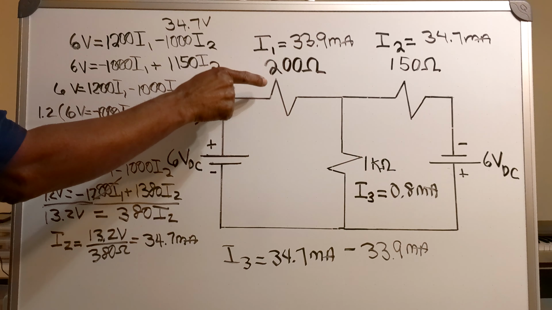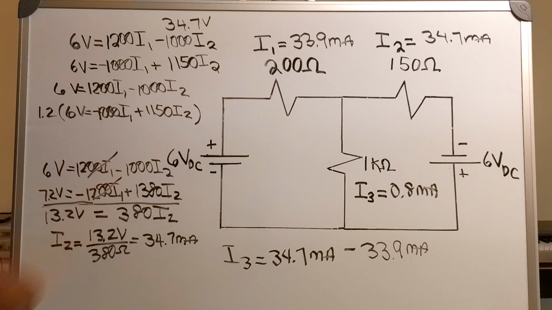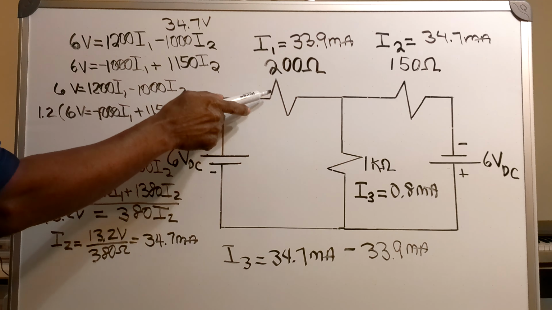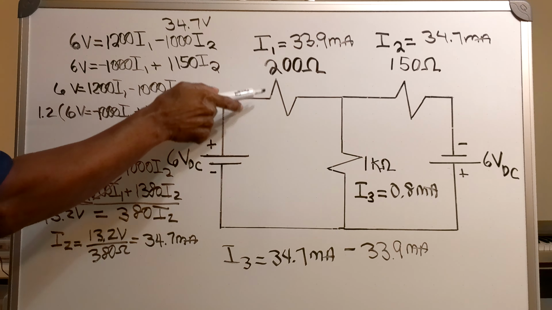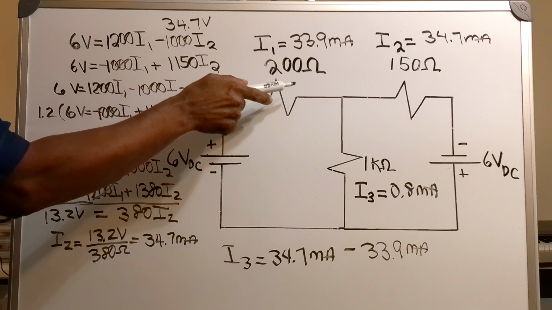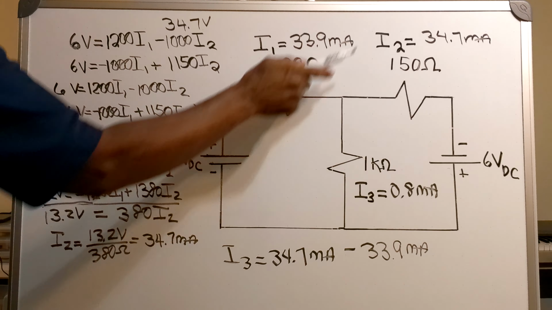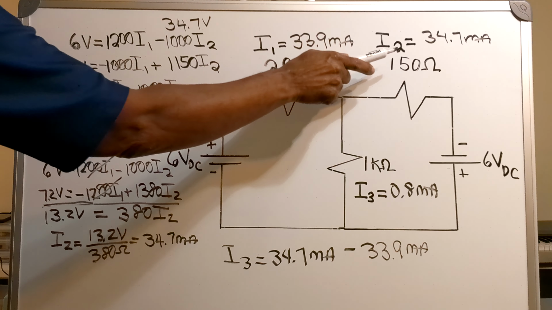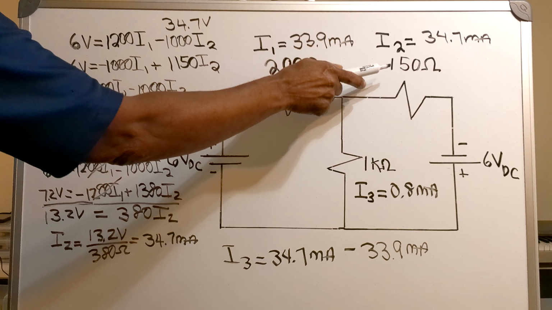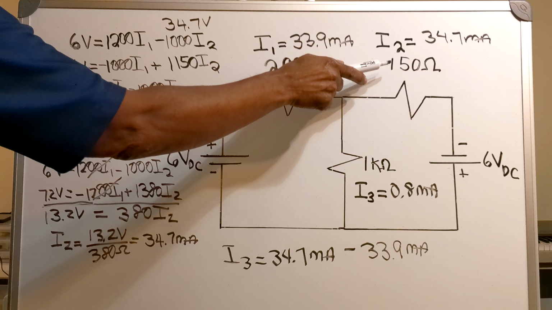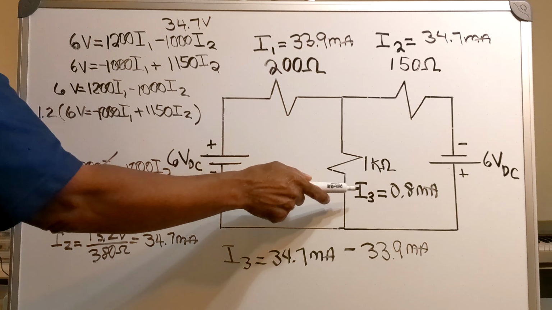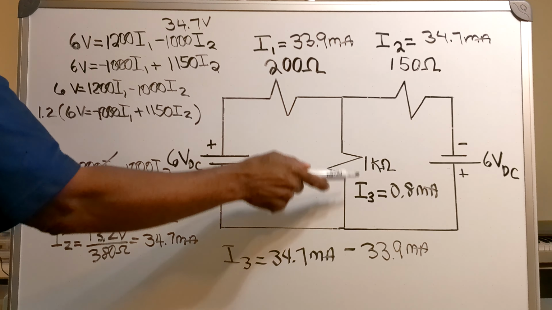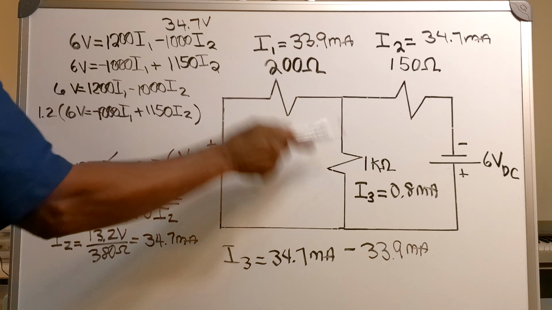So I've got 33.9 milliamps flowing through my 200 ohm resistor, 34.7 milliamps flowing through my 150 ohm resistor, and I've got 0.8 milliamps flowing through my 1K ohm resistor.